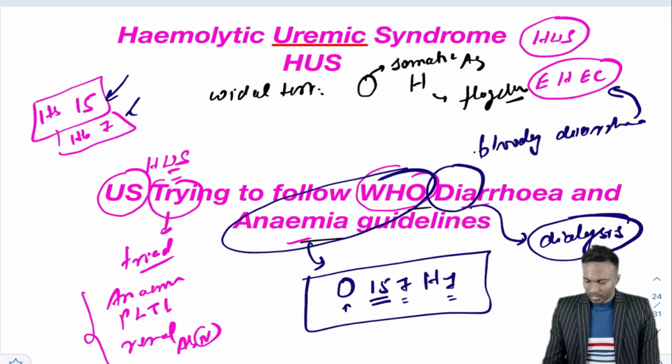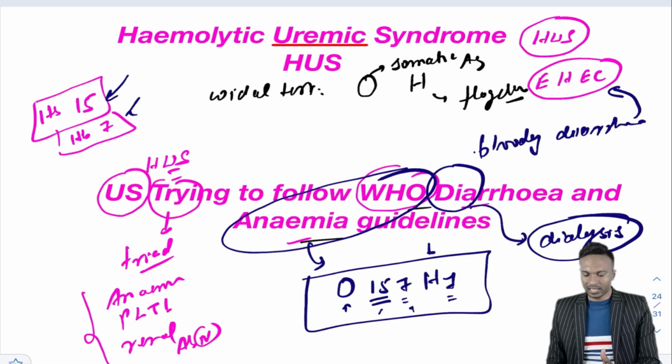So O and H can be related to the Vidal test. Then O15, 7, the cutoff of anemia and normal hemoglobin, and then H7. So WHO's anemia criteria, WHO's diarrhea criteria. So this formulates the mnemonic.